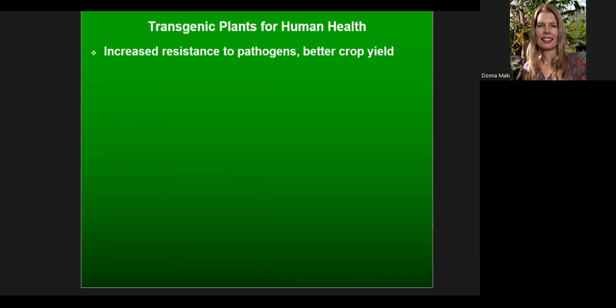So when you look at what's going on in the biotechnology realm, a lot of what they're focused on is, okay, what's the population of people on the planet right now? Where are we at, 8 billion?